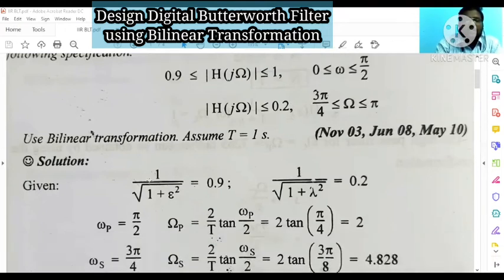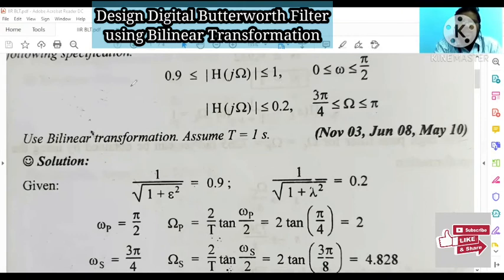Look at this problem. What challenges could you face here? While seeing the problem itself, two different omegas are given: capital omega and small omega. No problem. First, compare with the standard format.